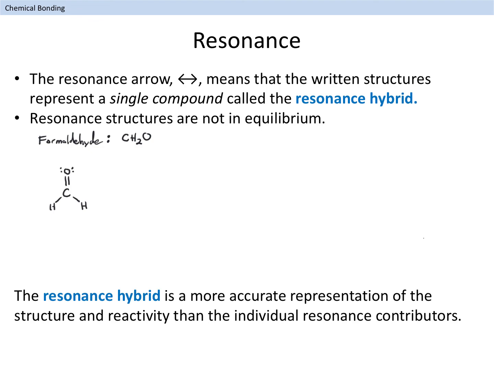Following the guidelines outlined on the previous example, I can draw a resonance form for formaldehyde by taking 2 electrons from this double bond and moving them to a non-bonding pair on oxygen, for example. It would be perfectly legal to put those electrons on the carbon instead. But I know that oxygen is more electronegative than carbon, so it is more likely that the electrons would go to the oxygen.